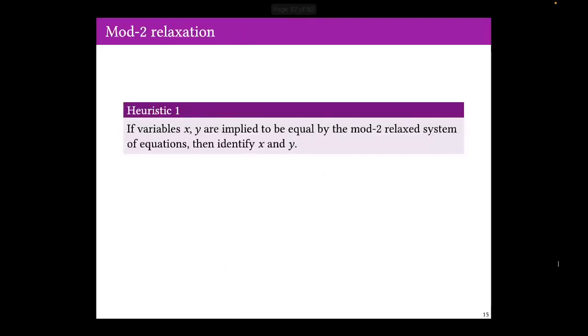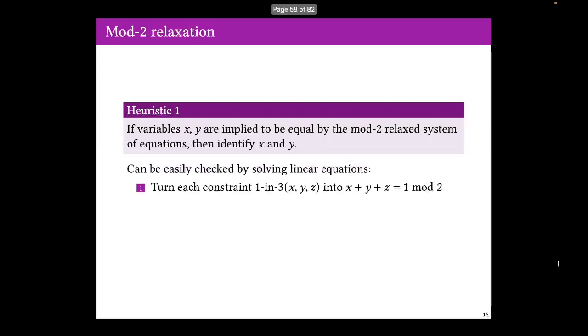So let's introduce some merging heuristics. Let's consider the following heuristic first. If 2 variables, x and y, are implied to be equal by the mod 2 relaxed system of equations, then we can identify them. This turns out to be very easy to check via linear equations. Turn every constraint 1 in 3 of x, y, z into x plus y plus z equals 1 mod 2.